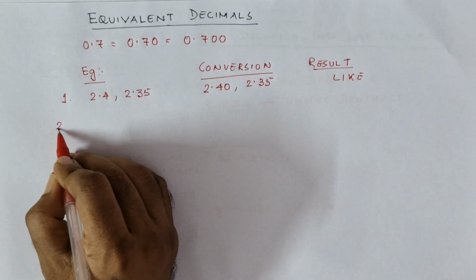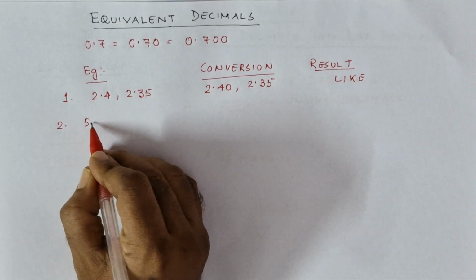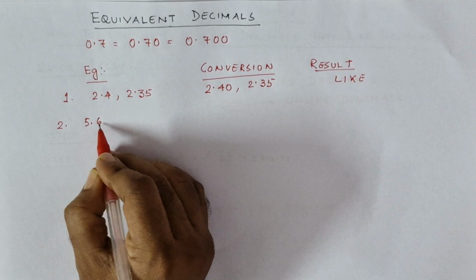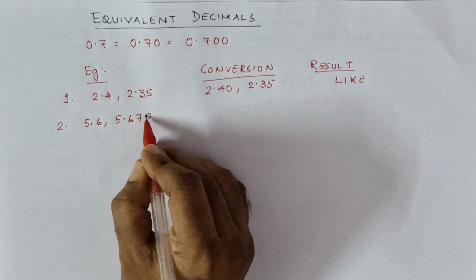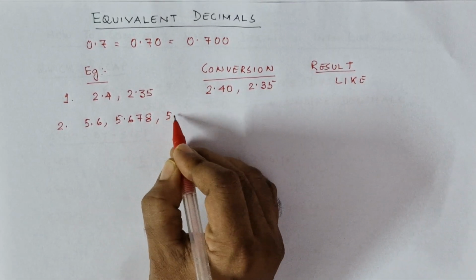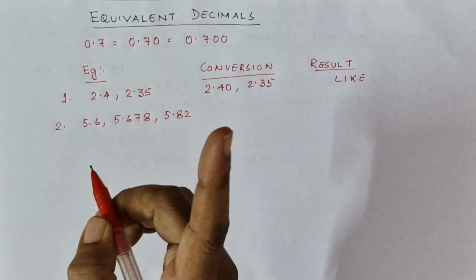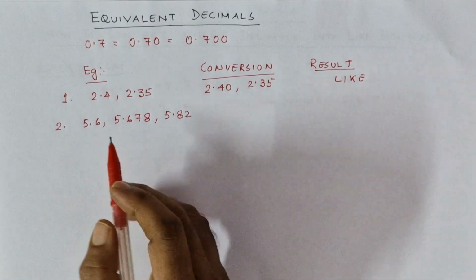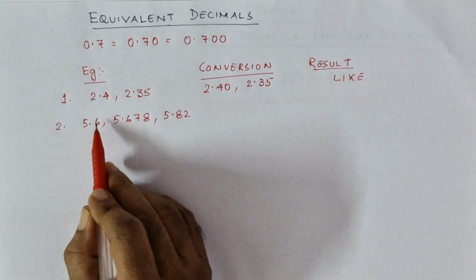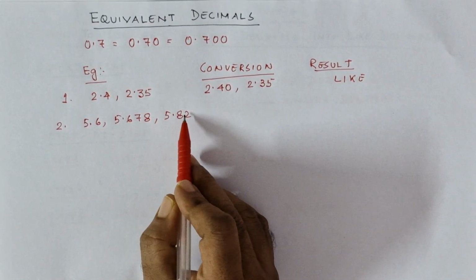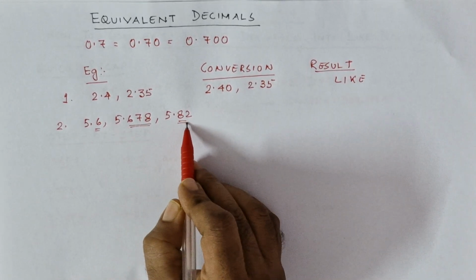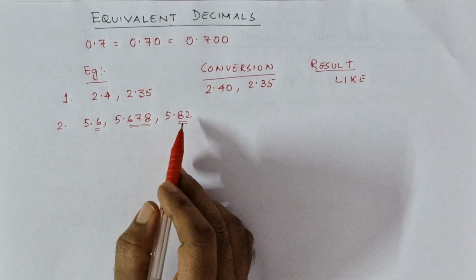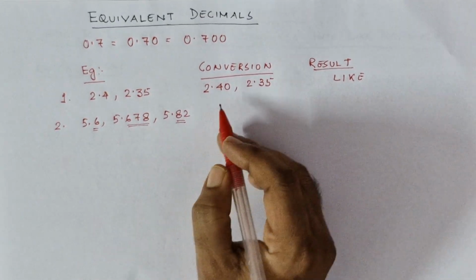Let's take another example. We'll take 3 decimals: 5.6, 5.678, and 5.82. Try to identify the number of digits after the decimal. Here 1, here 3, and here 2. So we have to make every one of them 3 decimal places.